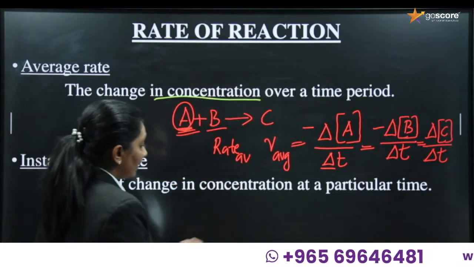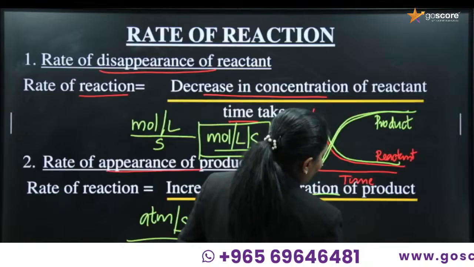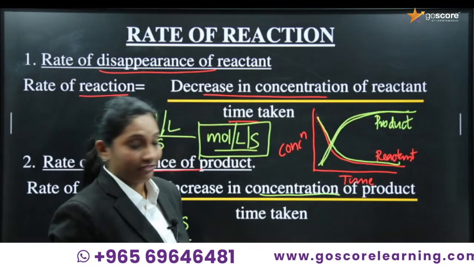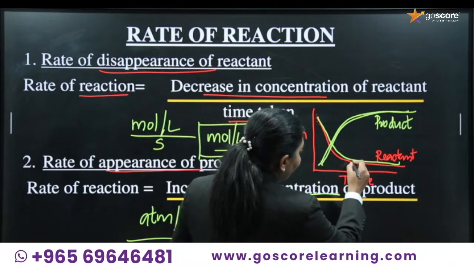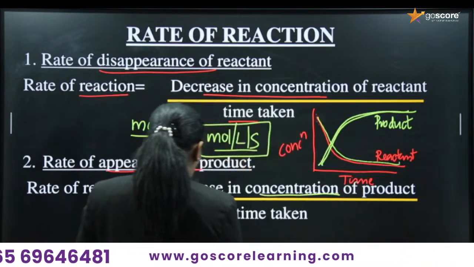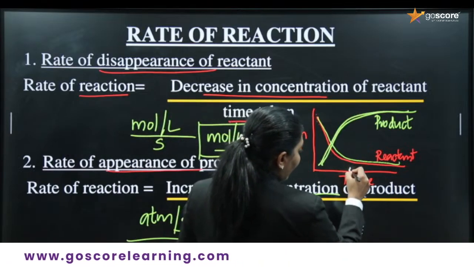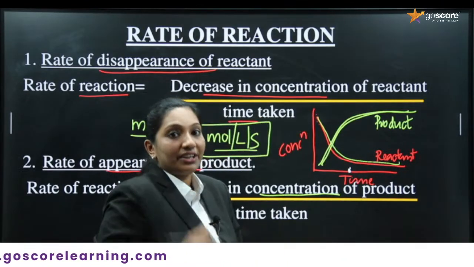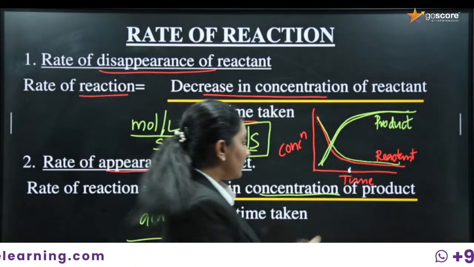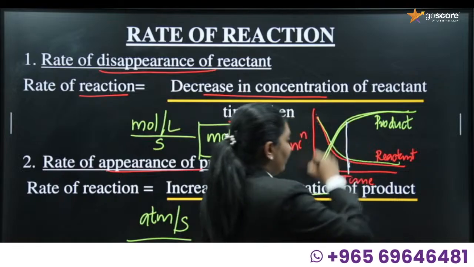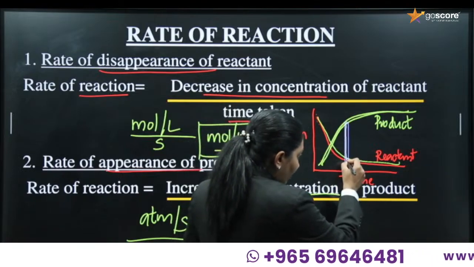Okay, so when we plot that graph, we plot the concentration versus time graph, right? If you want to find out the rate of the reaction at a particular time, what we will do is we will extrapolate this time to here and we will get a point on the graph.